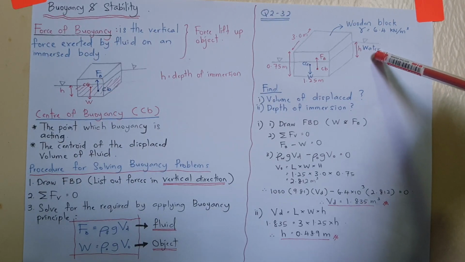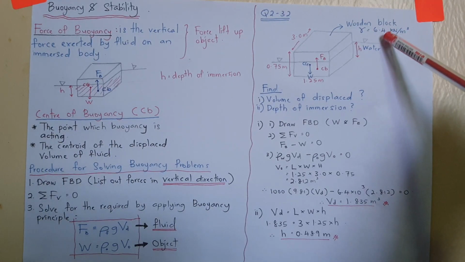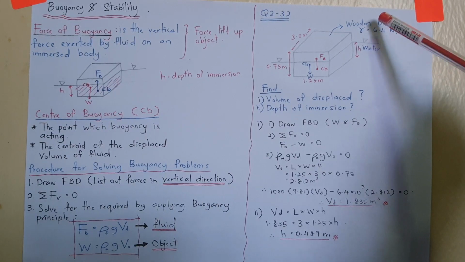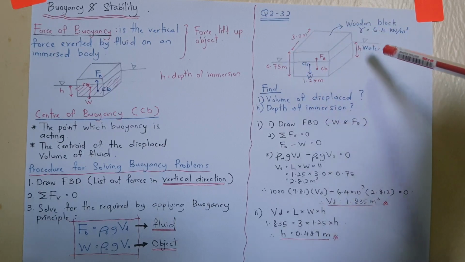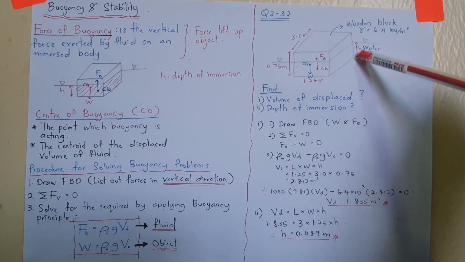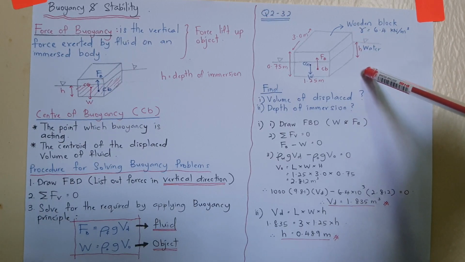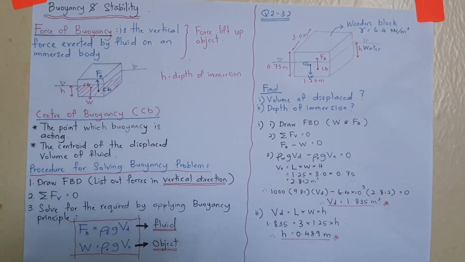Water is 1000. Logically, if the object is lighter than the water, the object will be floating. If the object is denser than the water, the object will be fully submerged. We can check first whether the object is floating or fully submerged.